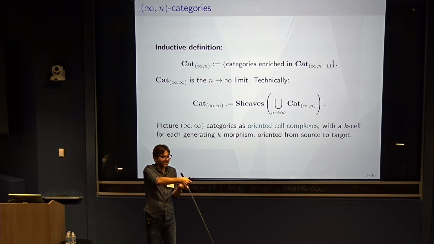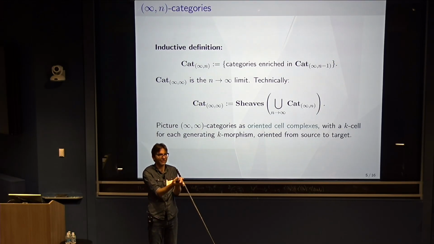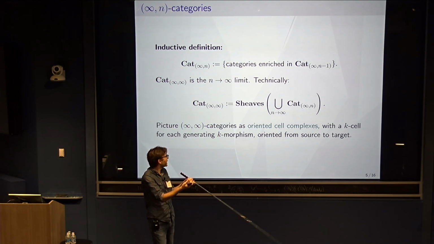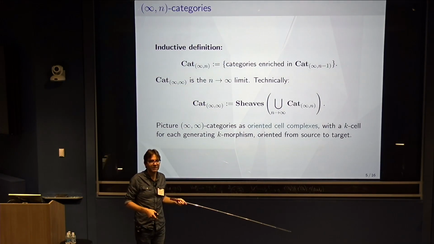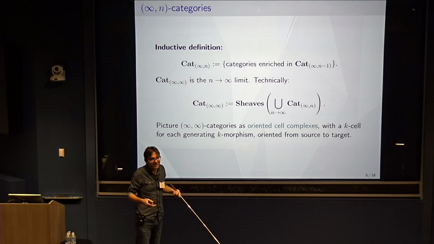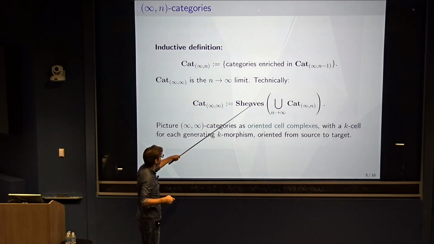I want to give myself actual infinity categories, and an actual one can be written as some union of its subcategories of different dimensions. A good way to close off and give yourself those unions is just to say the word sheaves. That's one way to do it. The people who know presentable category theory can translate, and the people who don't can ignore that word.